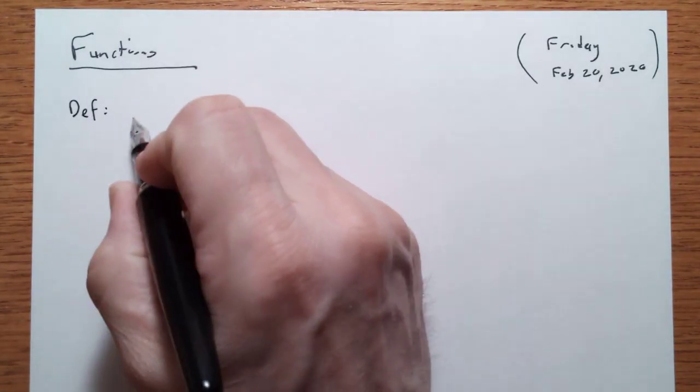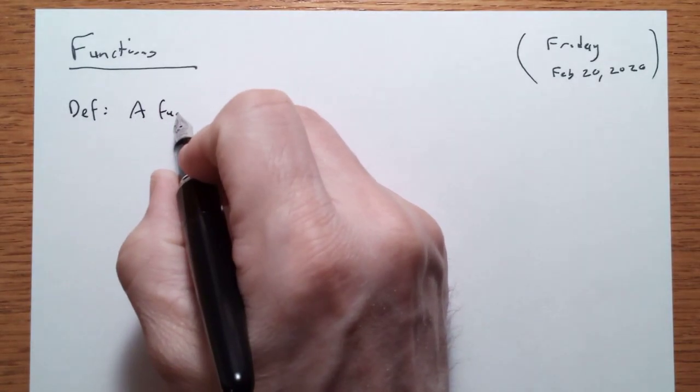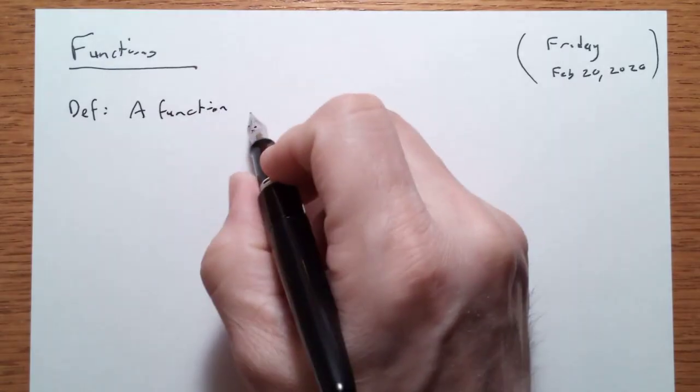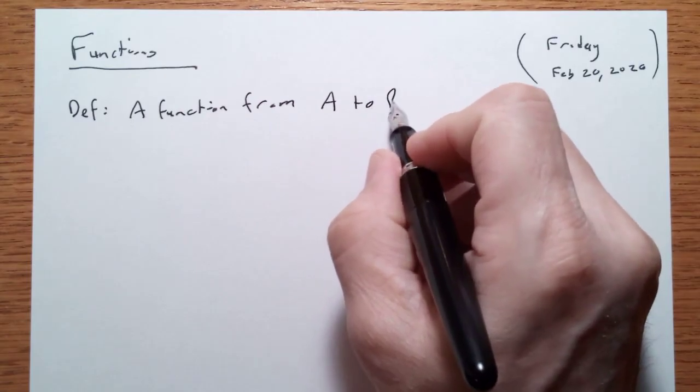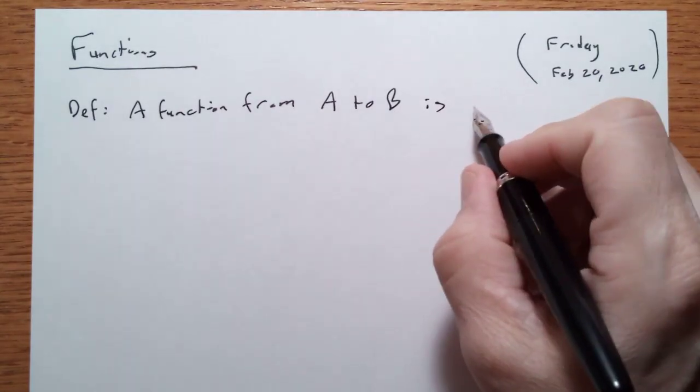A function from one set to another, let's just call them A and B, is a rule.